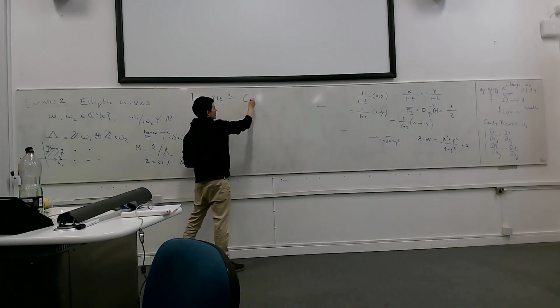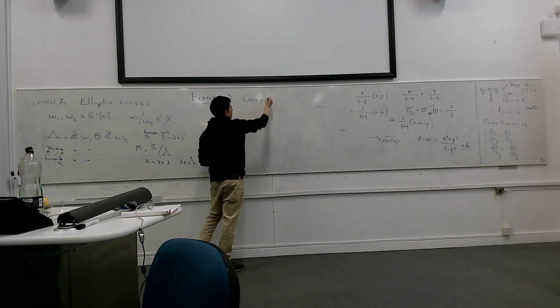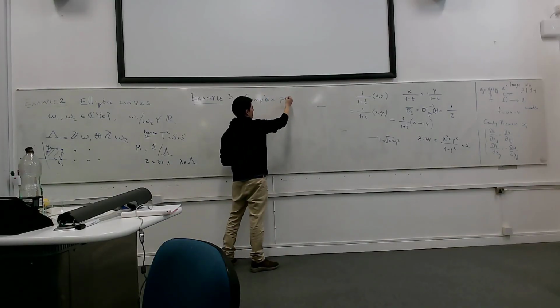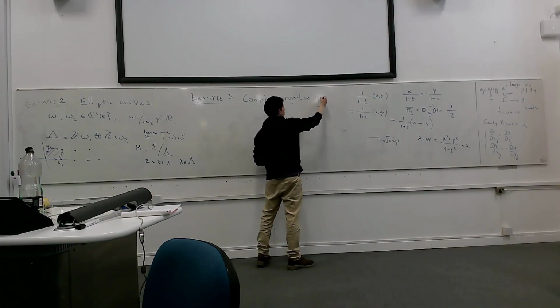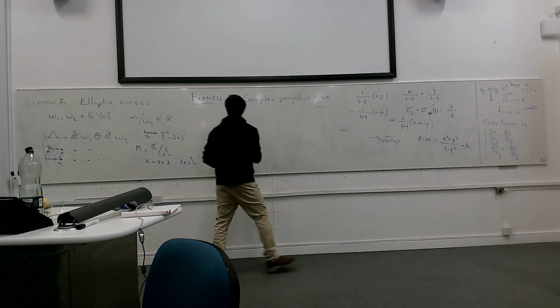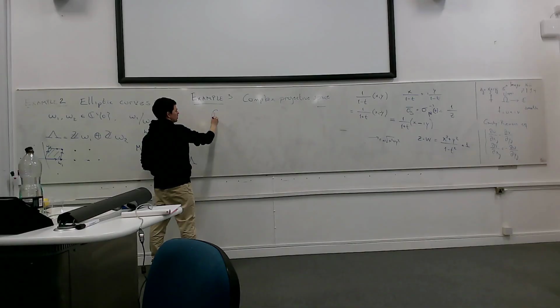Complex projective space. The notation is CP^n.